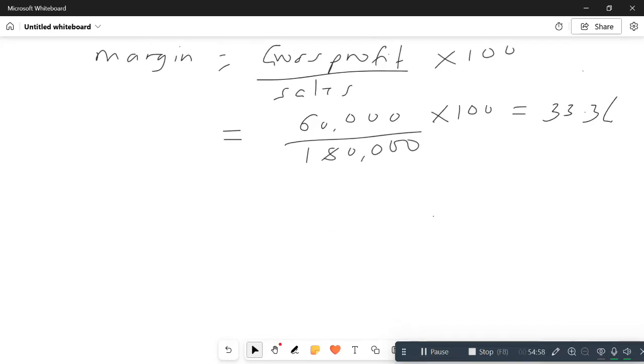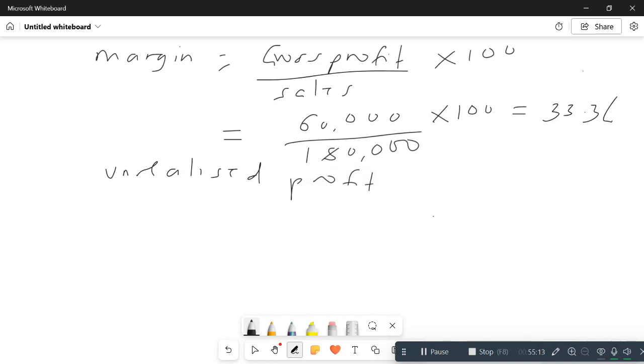Unrealized what? Unrealized profit. So unrealized profit is calculated on closing inventory.